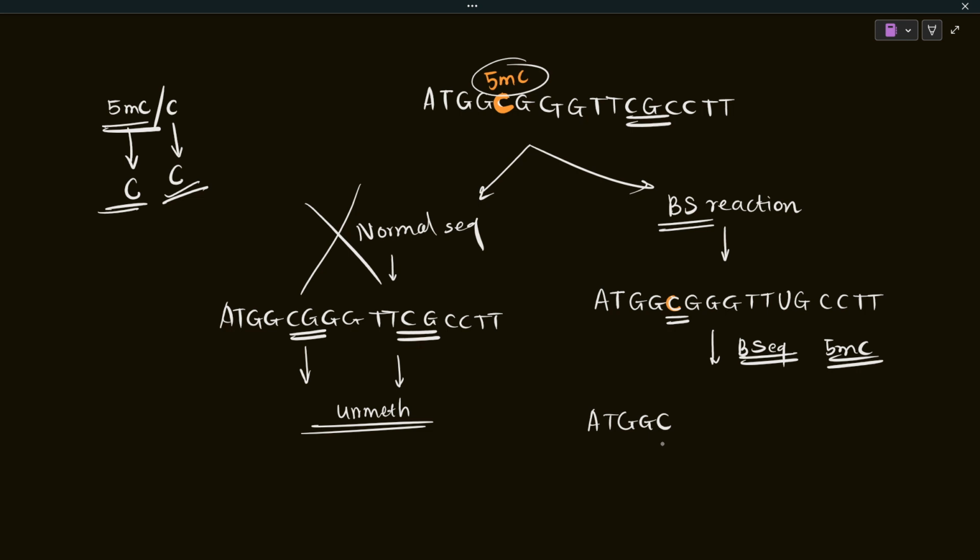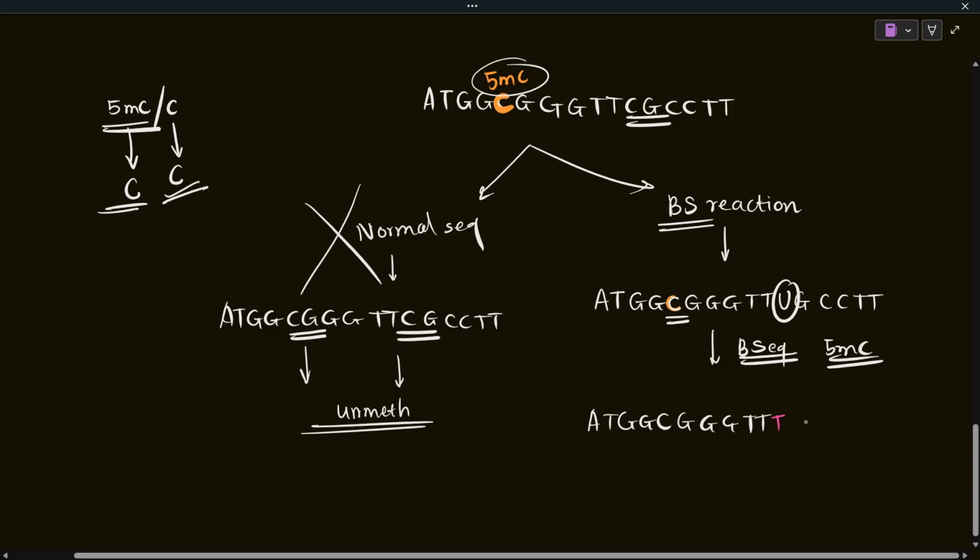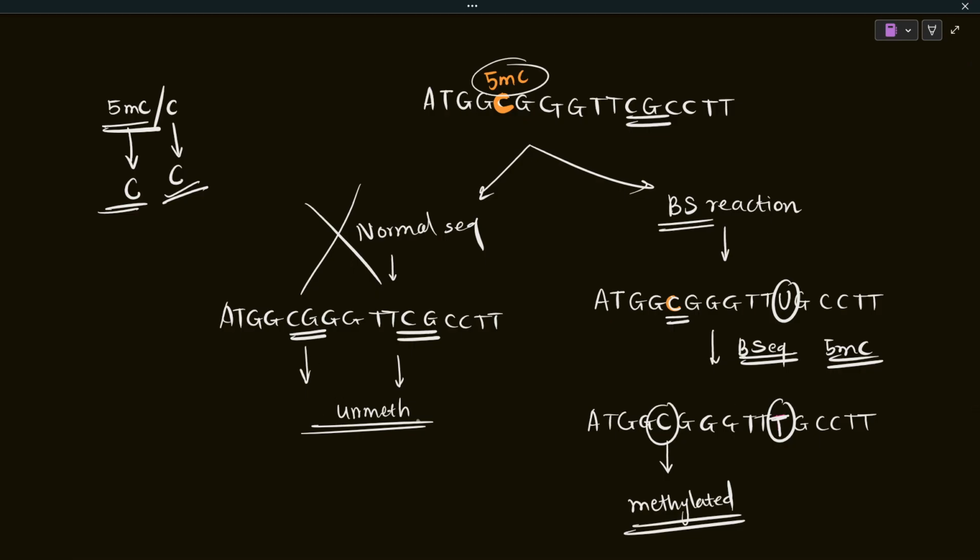Then G, G, G, T, T, and this uracil will be read as thymine, and then normally G, C, C, T, T. So now you get to know that this C is methylated. Why? Because it got protected. It didn't change.